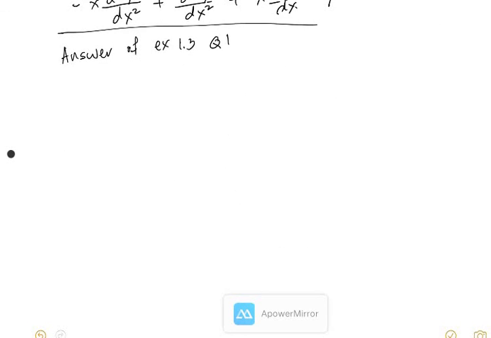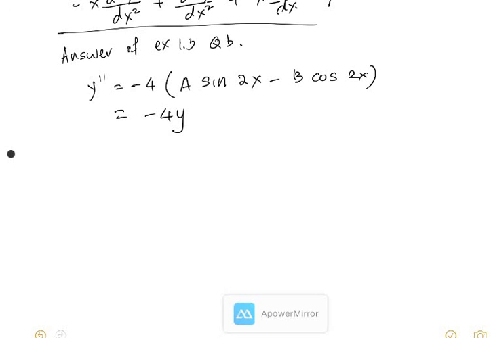Question B. The answer is y double prime equal to negative 4y. Okay, so before this, there is a negative 4a sine bx minus b cos bx. That is equivalent to negative 4y. Okay, you can try on your own. If you have any question, you can contact me.